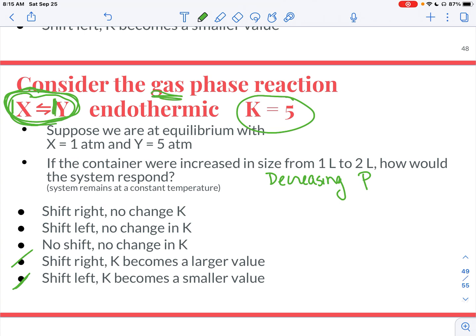They're both gases. So that means there's no change. If they have the same moles of gases, then the volume change or the pressure change doesn't change the equilibrium system. There's no shift.